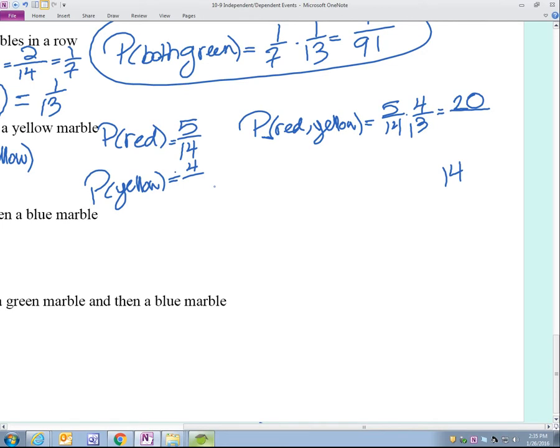Yep, you had me freaking out for a second because I was thinking about 14 times 13. So it's 10 out of 91. If you would have done cross simplification before, you could have made this 5/7 and that 2. And that would still be 10 over 91.